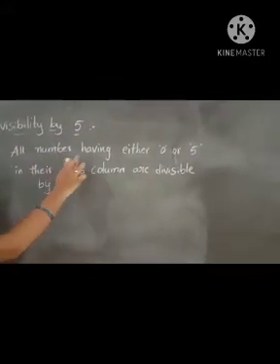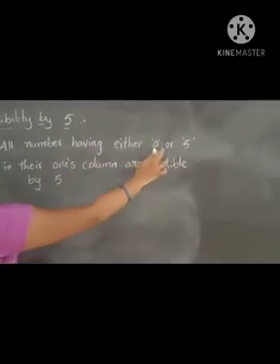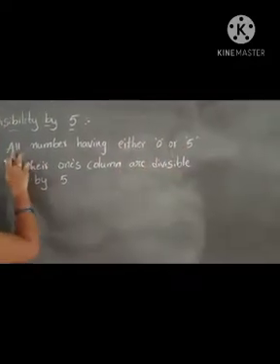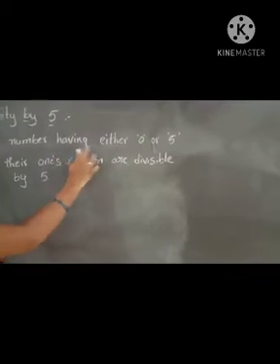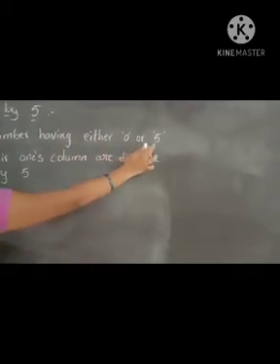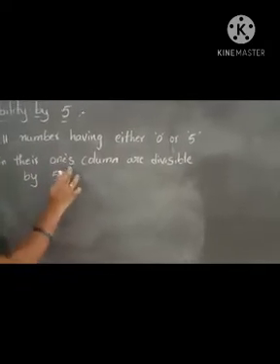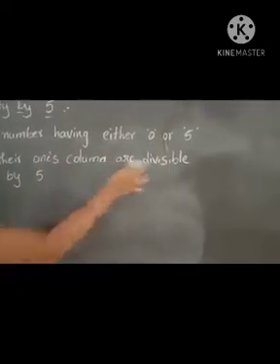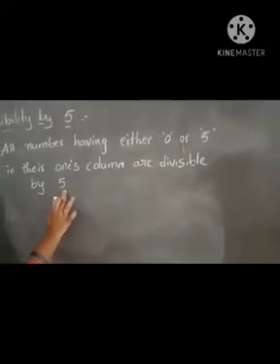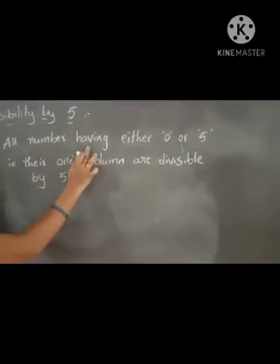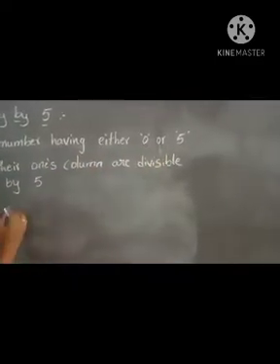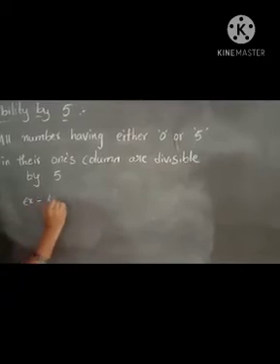All numbers having either 0 or 5 in their ones column are divisible by 5. Okay, children, see the example.